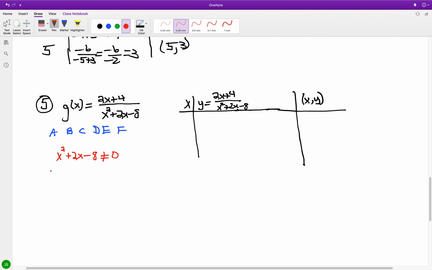If I were to factor, I have the quantity x plus 4 times the quantity x minus 2 cannot be 0. Now, neither x plus 4 nor x minus 2 will be factors of the numerator, so there'll be no cancellation. So technically, g of x is already in simplest form. So x cannot be negative 4 and x cannot be 2, and those excluded values will be the vertical asymptotes.